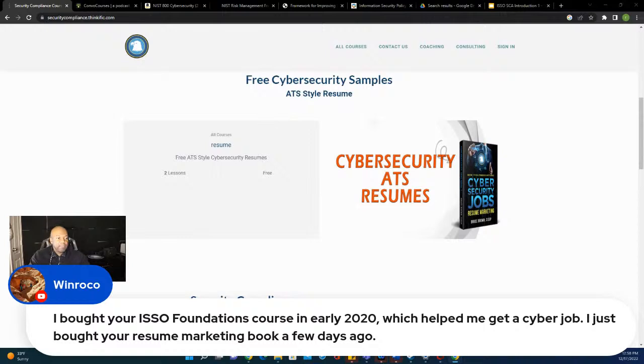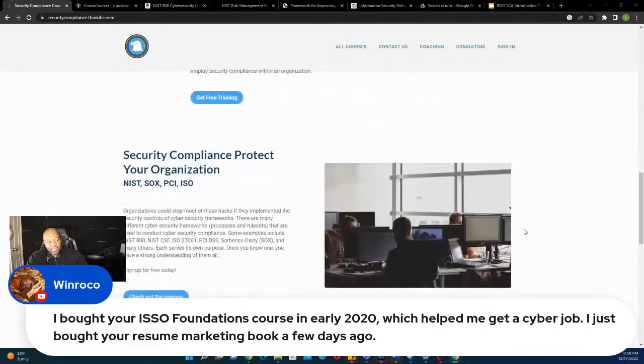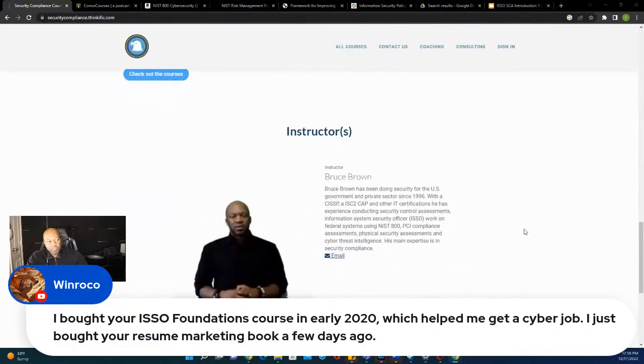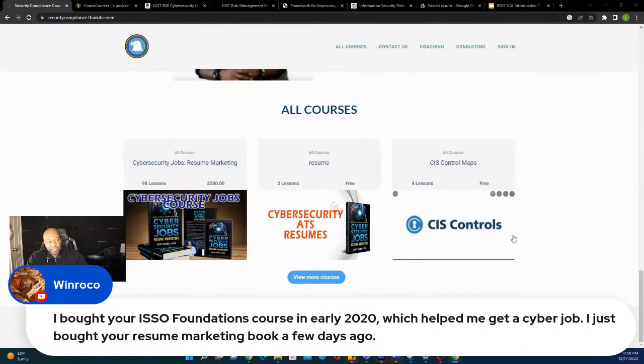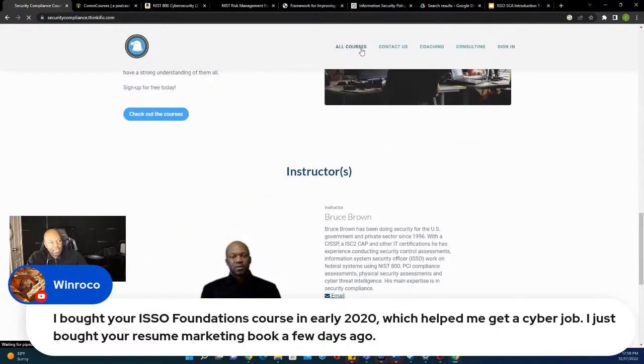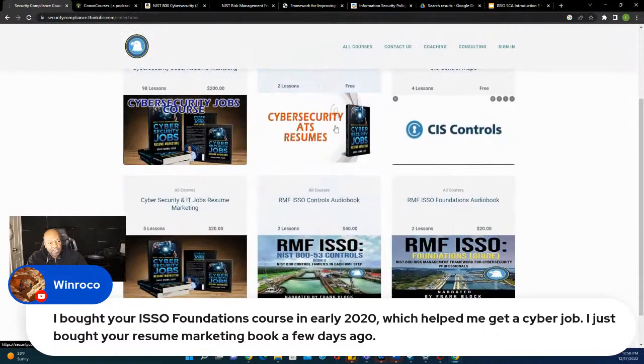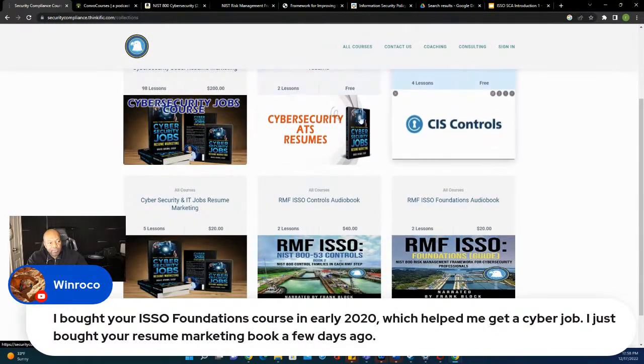But here's the actual downloadable resume, my resume that's been working for me for years. And if you're interested, there's a whole course and a book that's associated with this stuff. It just depends on how you want to get this information. But if you go to convocourses.com, we got some free stuff here. These are both free downloadables.